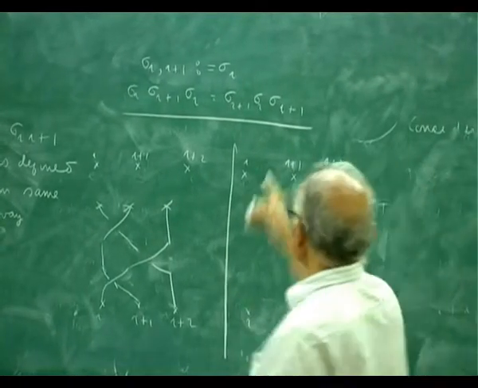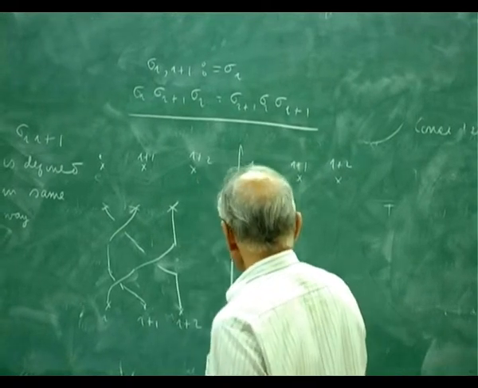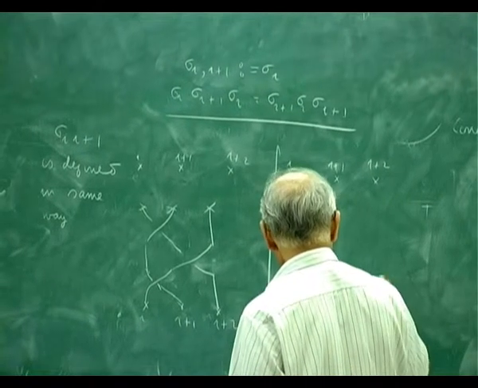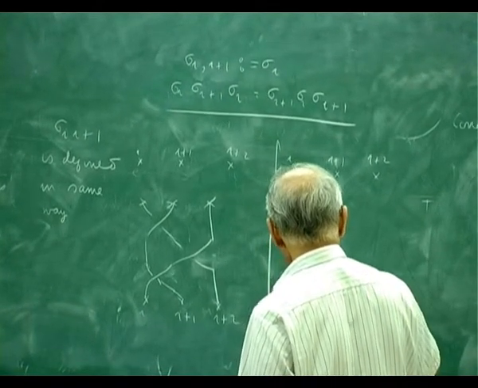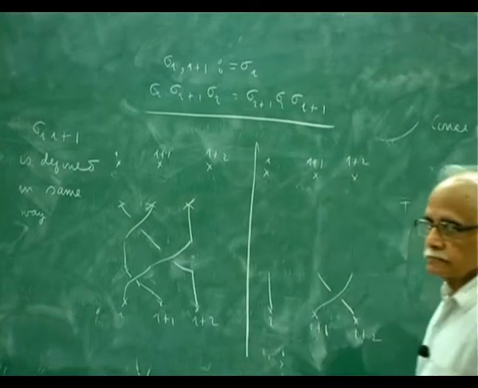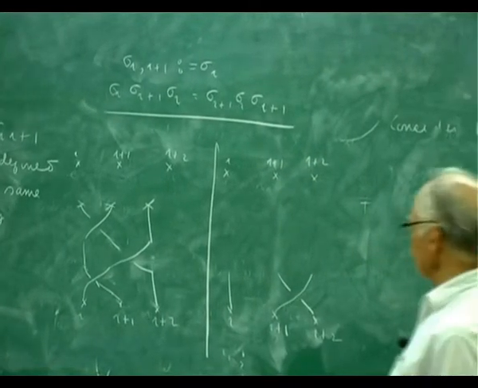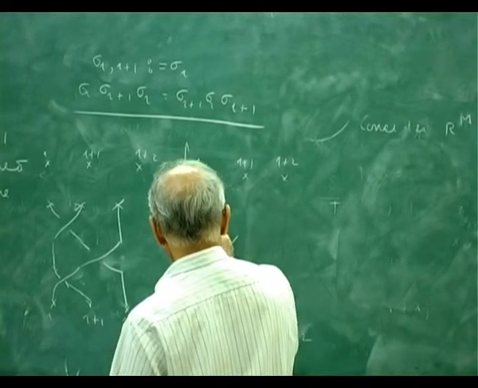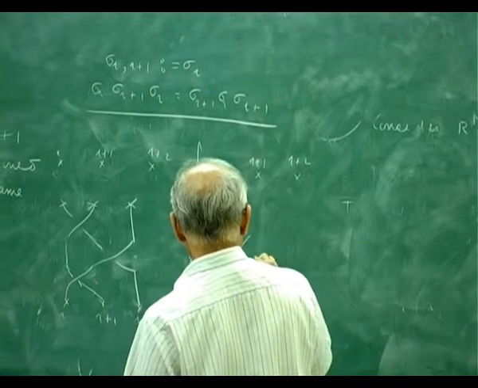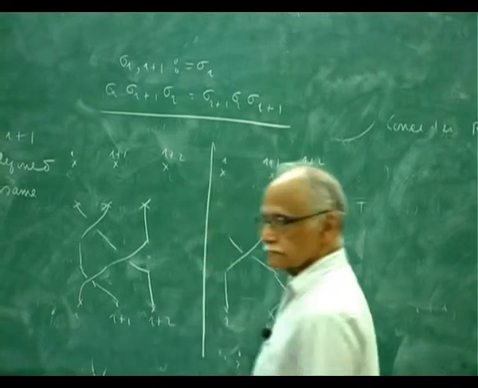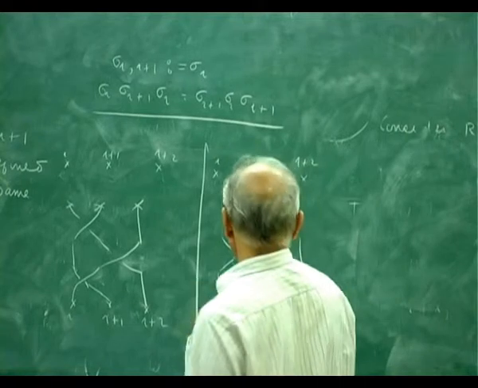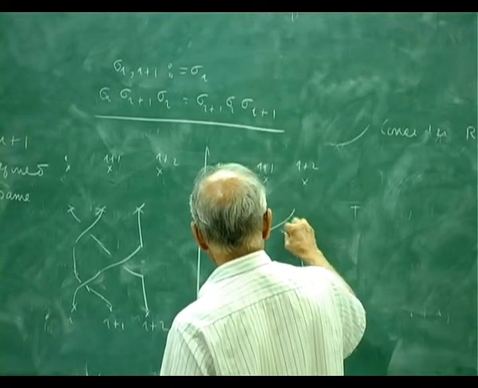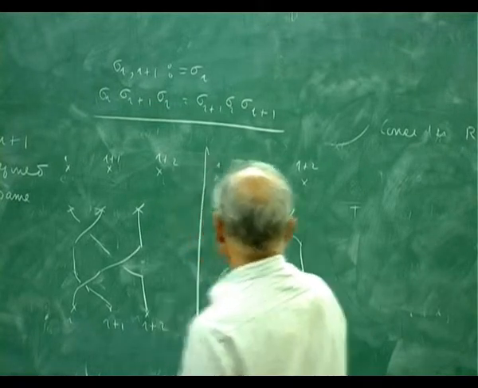Now let me look at this loop. Here, I don't do anything, but this goes over. This goes underneath. Then I extend these two, so this goes over, this goes underneath, then I come here, so this goes over, like so.